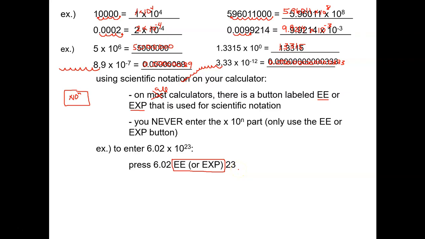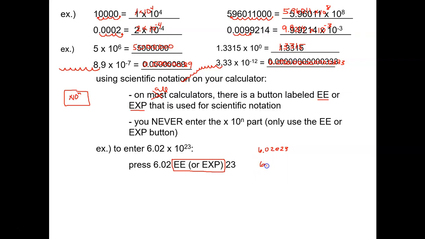You don't hit times, you don't hit 10, you don't hit to the power, you don't hit anything else. 6.02, special button, 23. And then your calculator may show that on its screen in a weird way. Some calculators may show it to you like this.